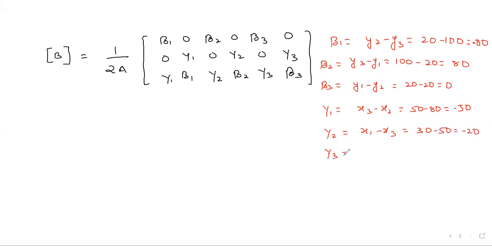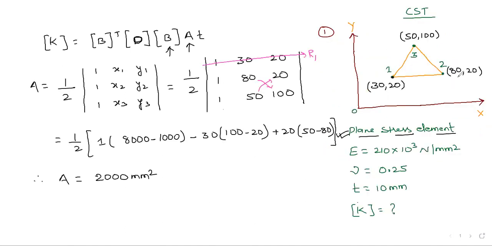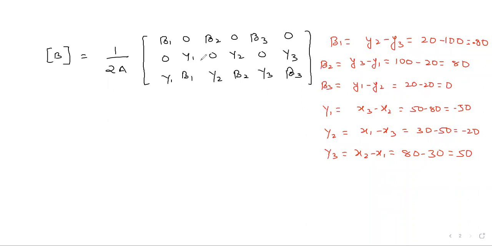And gamma 3 we will take as x2 minus x1, 80 minus 30, which is equal to 50. Whatever the values x1 y1, x2 y2, x3 y3 are already given in the question; from there itself I have taken the values.